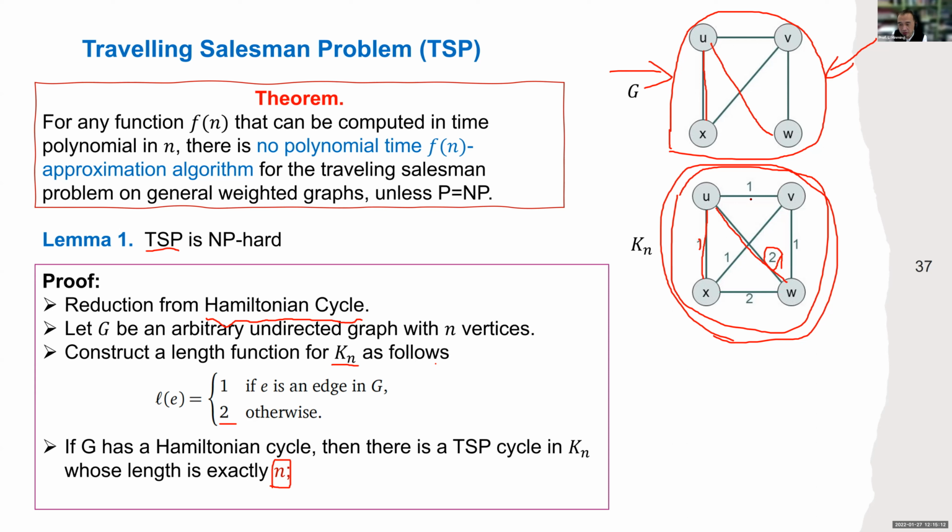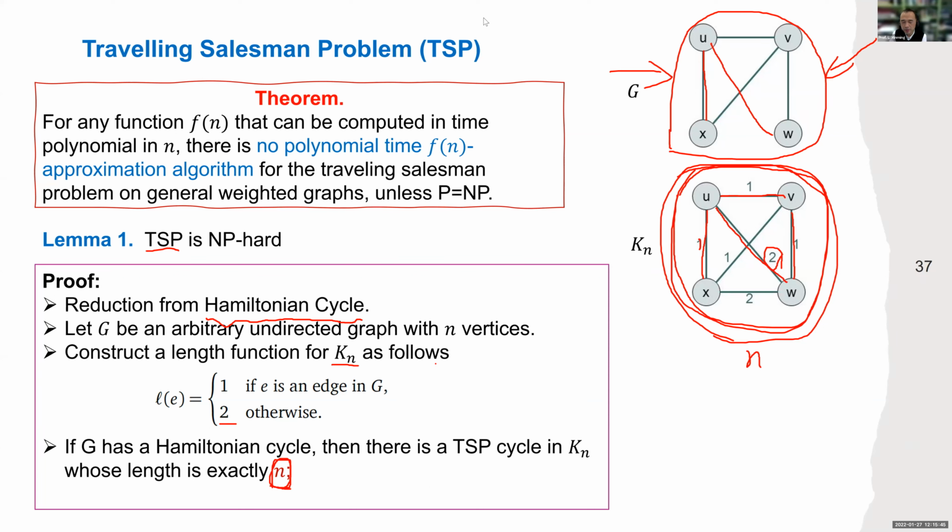If you map it to the new graph, you find a tour which always goes through edges with length 1, and that gives a total length of n. On the other hand, if the original graph does not have a Hamiltonian cycle, then it's not possible to find a TSP tour of length n in the new graph.